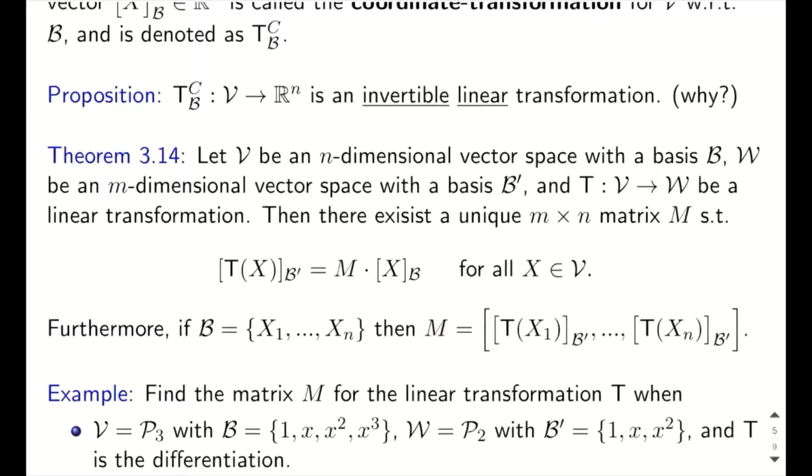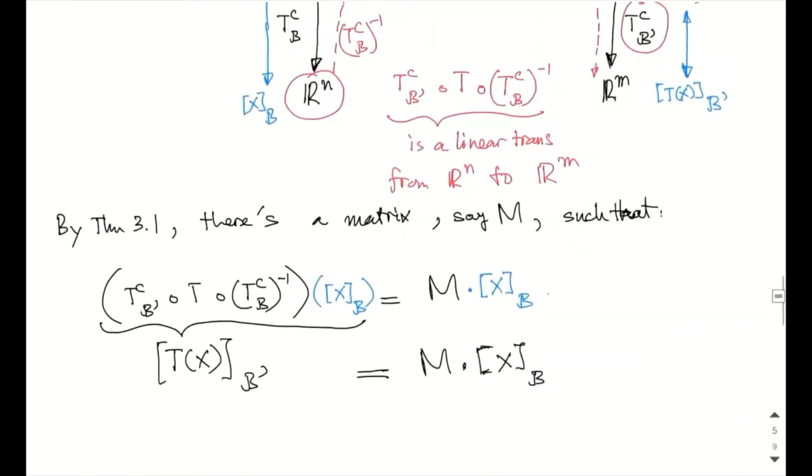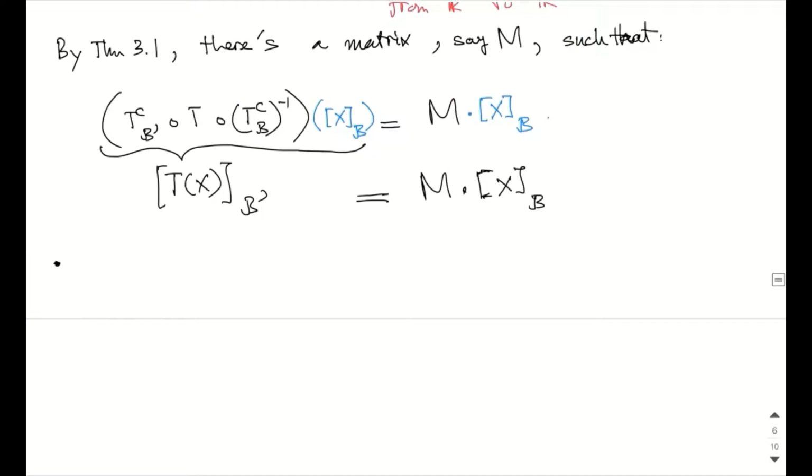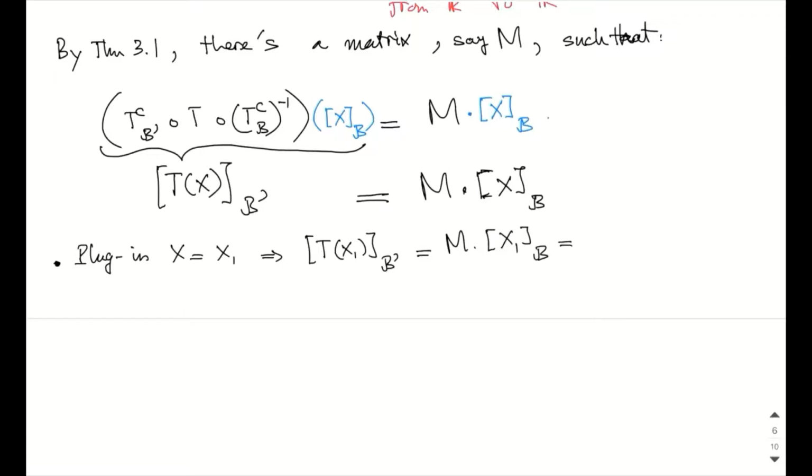Well, we are going to play the trick that we have done many times up to now. We can plug in x being x1, and we are going to have T of x1 with respect to B prime is going to be M times the coordinate of x1 with respect to B. But the coordinate of x1 with respect to the basis B is in fact just 1, 0, ..., 0.